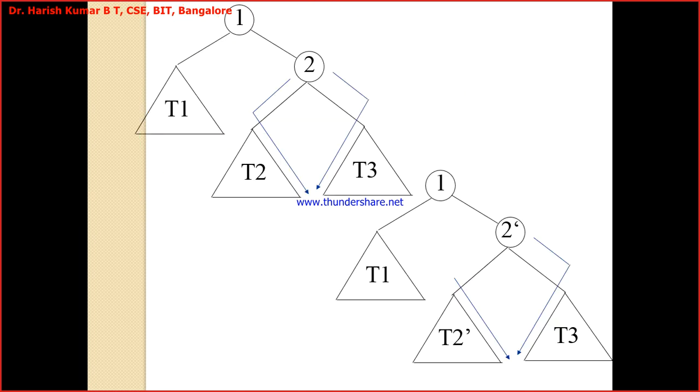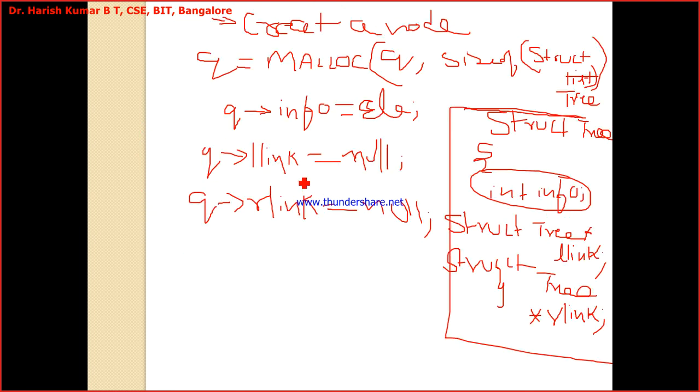Then I take this as the root node. I want to make this the root node always. I'll write here node star r. r is equal to q. What does it mean? This was the newly created node, or I think I can erase this and show you again.